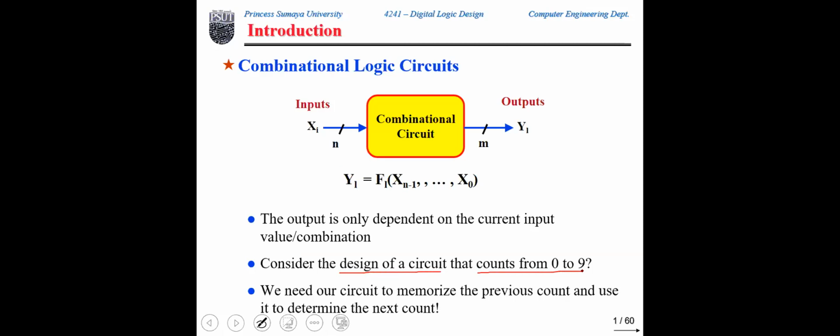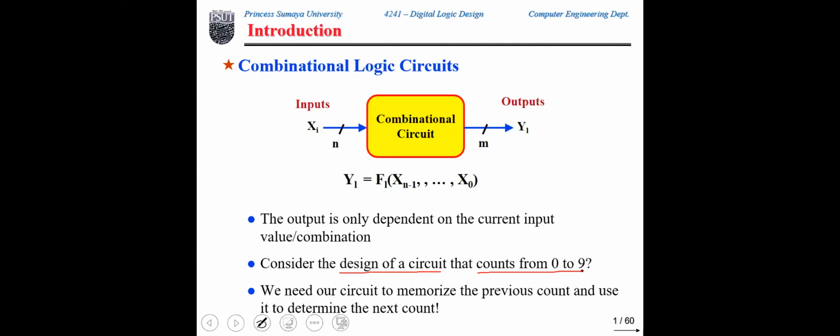Whenever you push the switch, the count value is incremented by 1. The circuit should start from 0, and when you press the switch the first time, the count becomes 1. You press it one more time, you move to 2, another time, the count becomes 3, and so on.